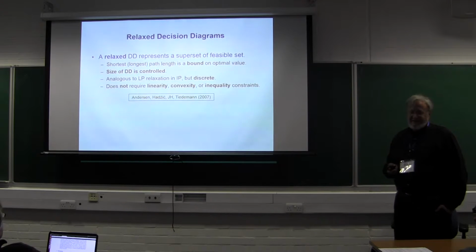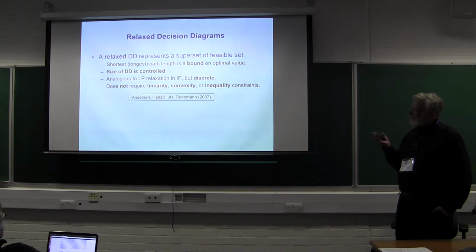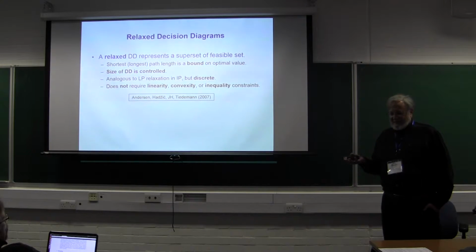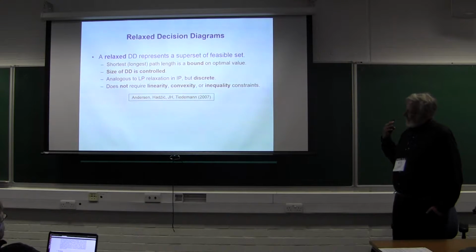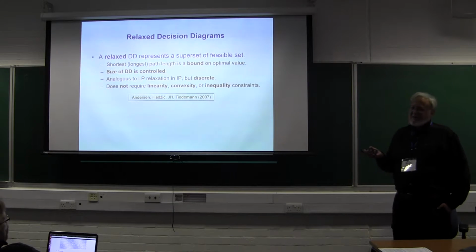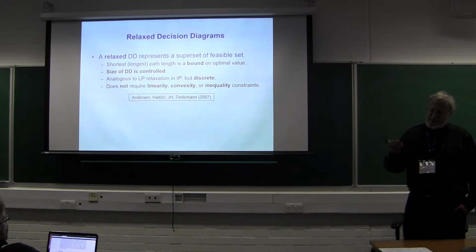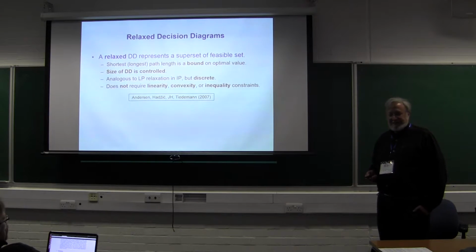So this is a new approach, I think, to relaxation. The nice thing about decision diagrams is that they don't care whether the relaxation is convex or uses inequality constraints or is linear, whereas in math programming, you need convexity, maybe linearity, to obtain a practical relaxation.